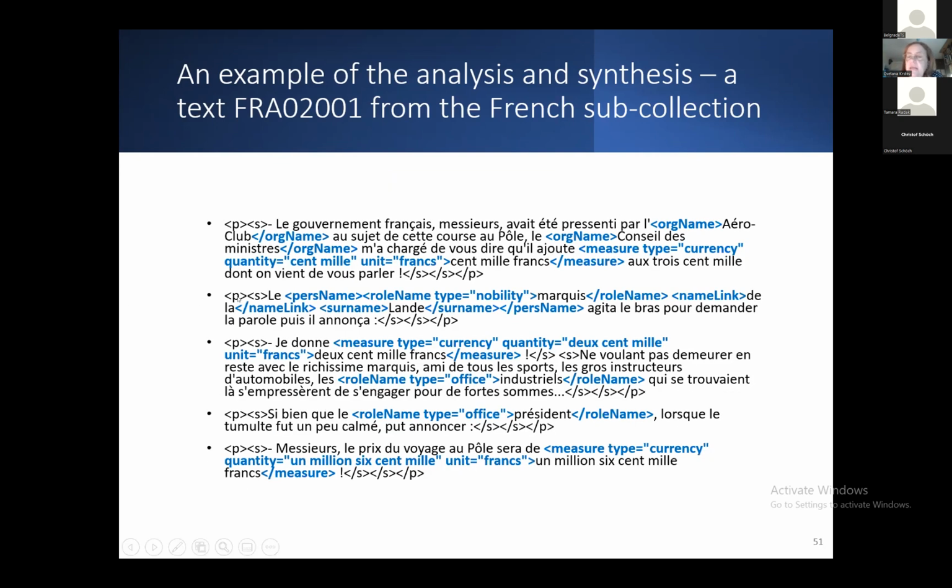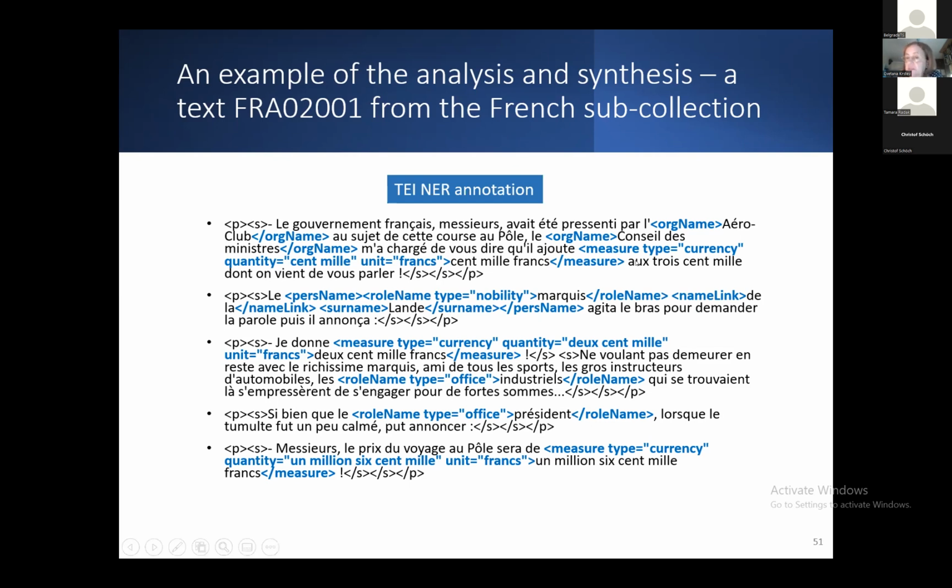But then the same text was analyzed with the same graphs, but while the same graphs were used for analyzing, other graphs were used for synthesis. And now you get named entity recognition annotation, more detailed, saying the organization name.